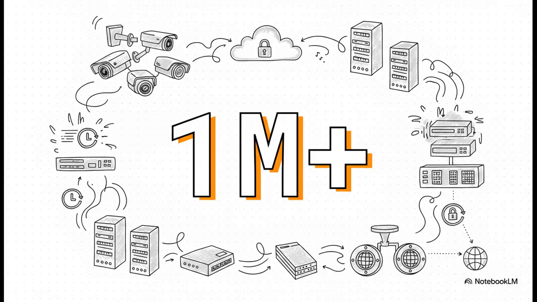Now take a second and consider the sheer scale of this challenge. We aren't just talking about updating a dozen web servers in a nice, climate-controlled rack. According to the source material, Axis OS is currently running on more than 200 different network products, which translates to millions of deployed devices worldwide. To put that into perspective, think about the basic logistics.